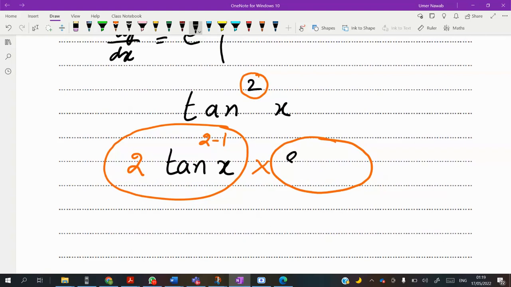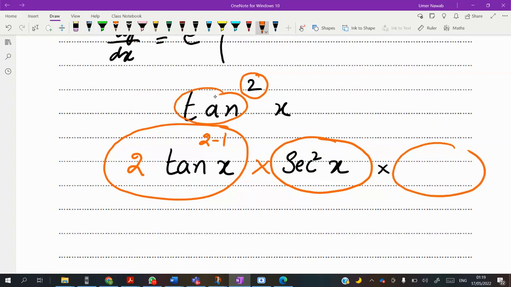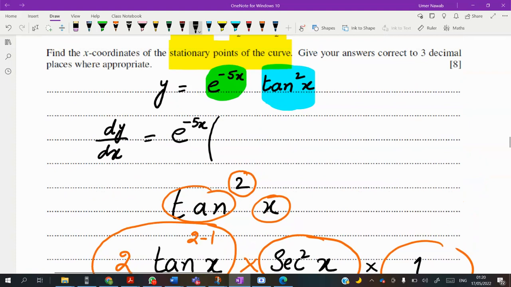The tan derivative is secant square, keeping the argument as it is. The further derivative of x is 1. So in general, I'm going to get 2 tan of x secant square of x. This would be the derivative of tan square of x.